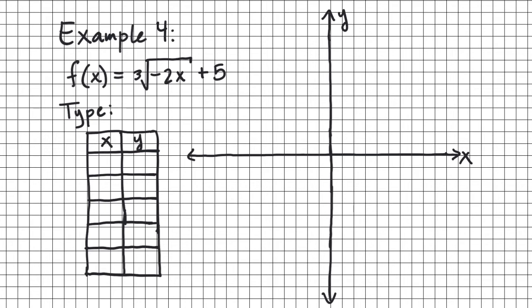This is a cube root. And so the values are -8, -2, -1, -1, 0, 0, 1, 1, 8, 2. One, 2, 3, 4, 5, 6.